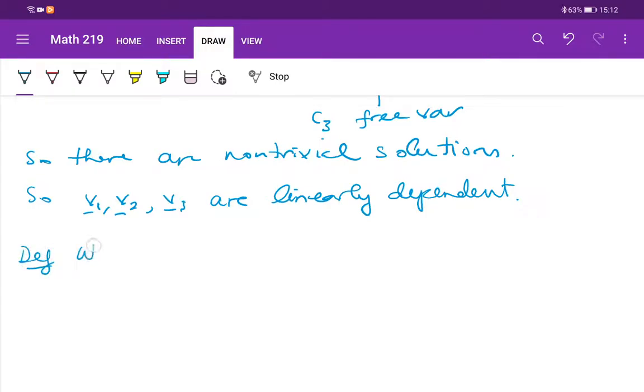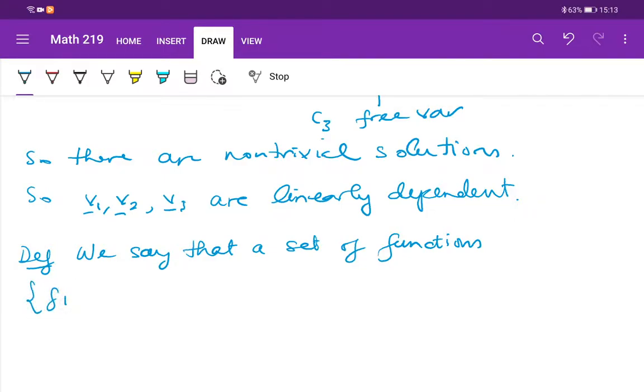Definition: we say that a set of functions f1 up to fn is linearly independent.